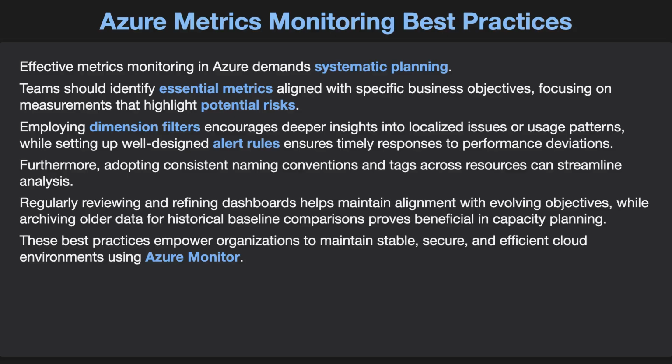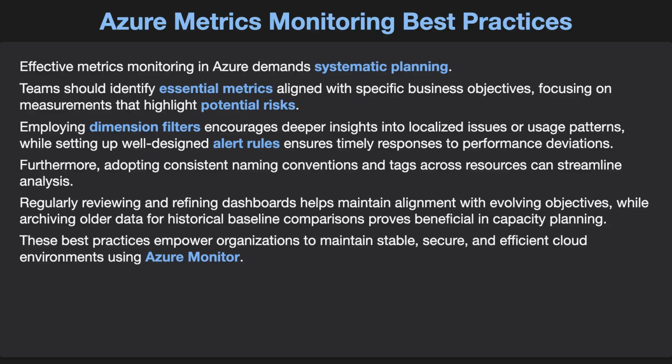Effective metrics monitoring in Azure demands systematic planning. Teams should identify essential metrics aligned with specific business objectives, focusing on measurements that highlight potential risks. Employing dimension filters encourages deeper insights into localized issues or usage patterns, while setting up well-designed alert rules ensures timely responses to performance deviations.